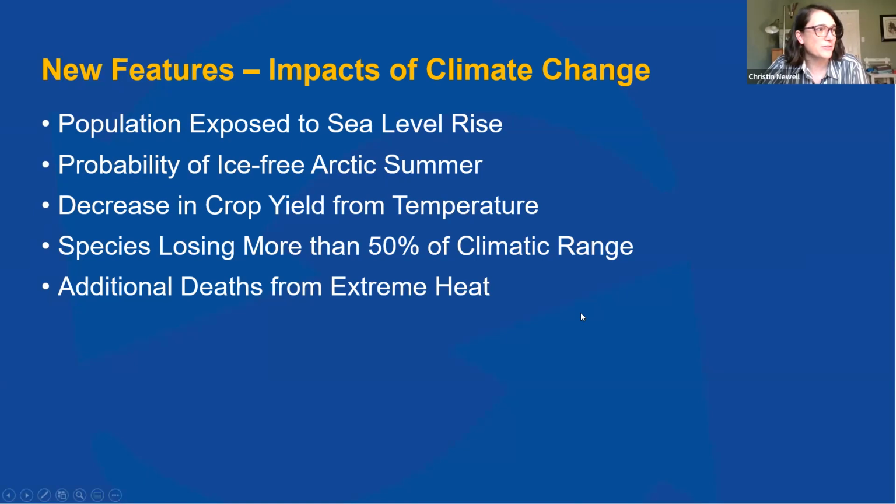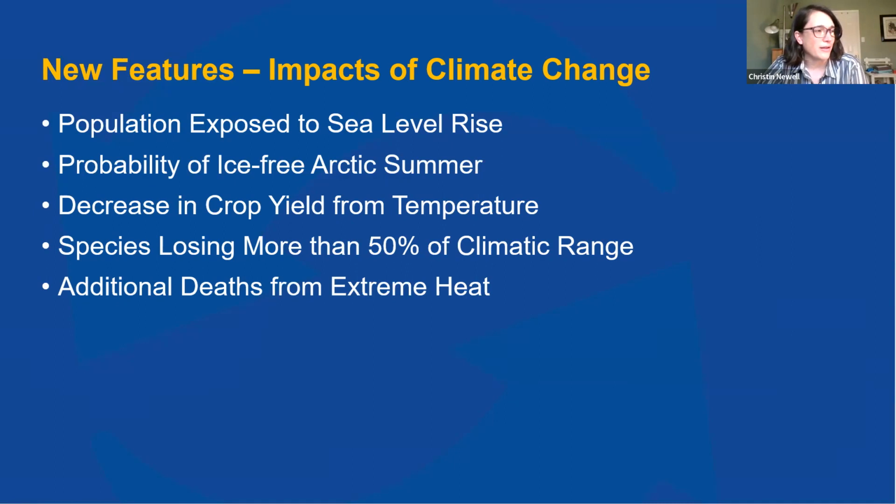And the other new part they added is impacts of climate change. So there are new graphs on the impact of the population exposed to sea level rise. That's about the people living on land that's below annual flood levels. Then they've added the probability of an ice-free Arctic summer, because that's a big anticipated impact of climate change.